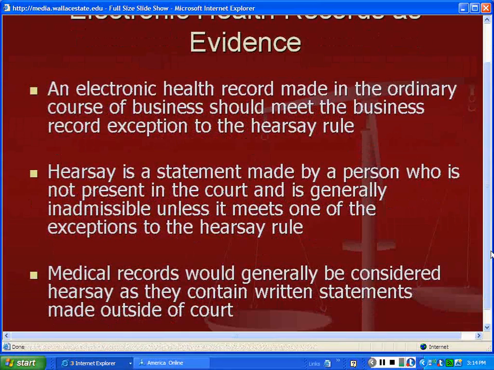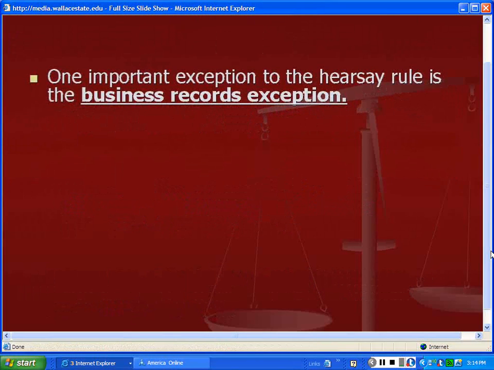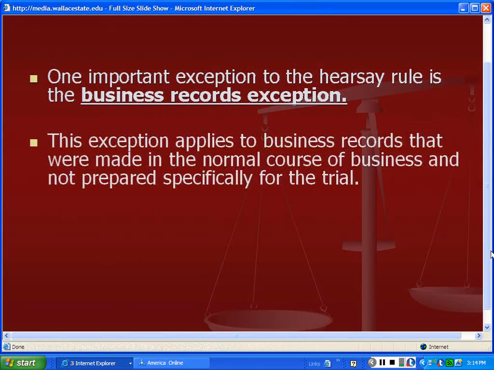But medical records do meet an exception. There is an exception to this hearsay rule. And the hearsay rule just says, hey, you can't use that. That's a statement you made out of court that we can't prove. So the medical records meet what's called the business records exception to the hearsay rule. And all business records that were made in the normal course of business and not prepared specifically for the trial would meet the exception, and they would be admissible as evidence in court.